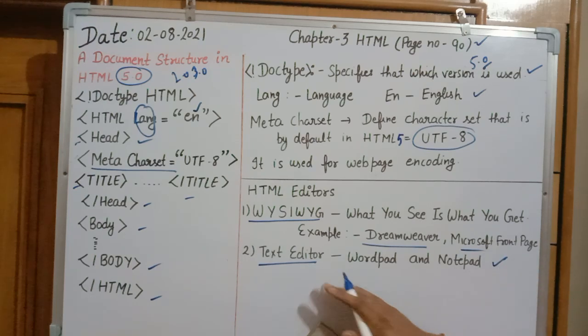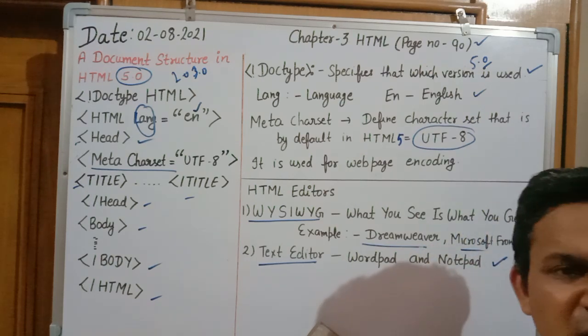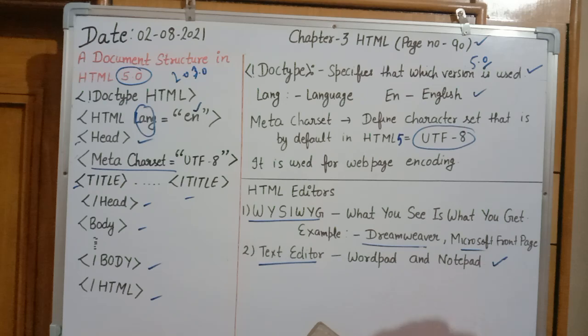Those are text based editors, while Dreamweaver and Microsoft Front Page are graphics based, used by a person who does not have proper HTML skills. If a person has proper skills, a text editor is used, that is WordPad or Notepad.